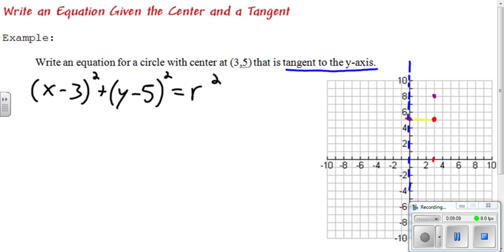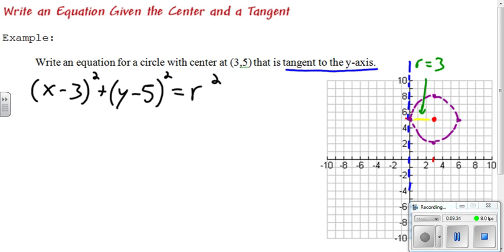Another 3 units down, here's another point. Maybe 3 units over, here's another point. So our circle is going to hit at all of these points, and it's going to look like this. The most important part that we know from this, though, is that the radius right here is 3, because it's 3 units away from that tangent line, the y-axis.